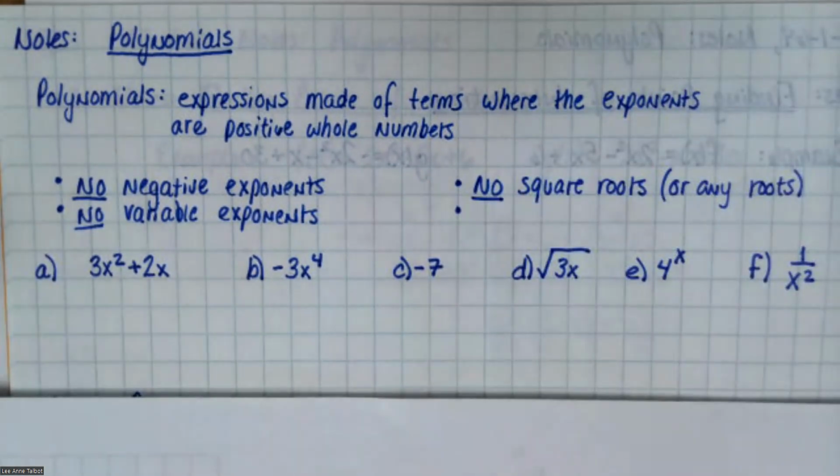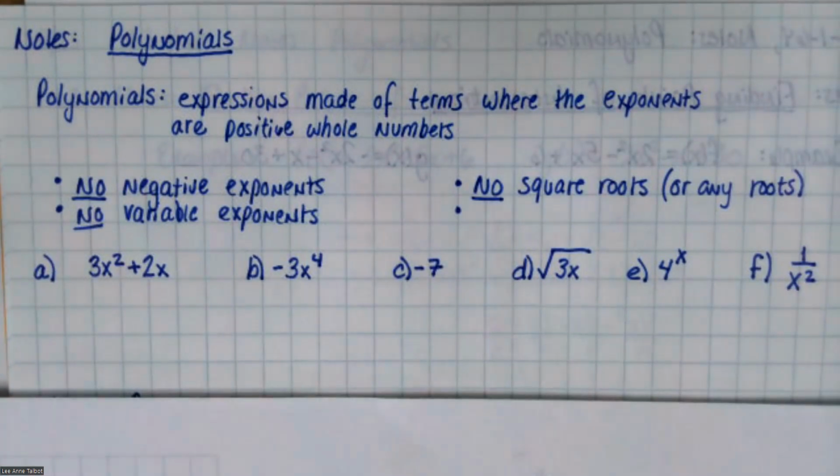No square roots, or any roots for that matter. If you remember from that, again, this might be something your math teacher skips. But roots are actually fraction exponents. So like the square root of 3x is 3x to the 1.5 power. Does that sound familiar?